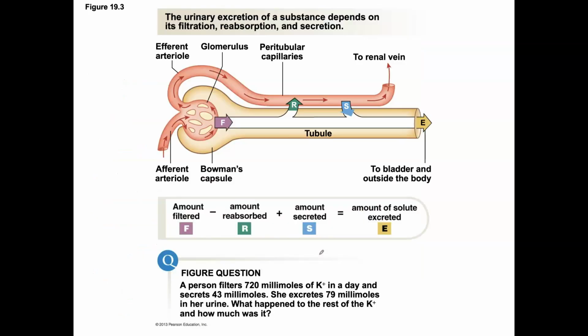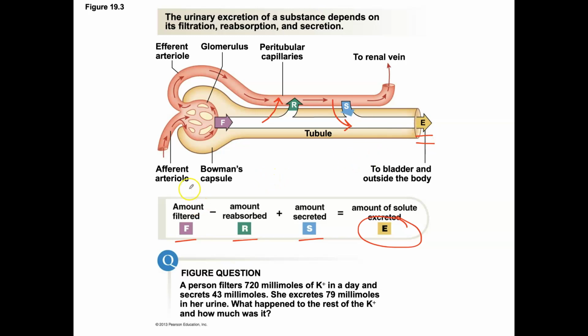Well, a simple way to look at that is filtration minus reabsorption plus secretion is going to determine what is excreted from the body. So we filter, we reabsorb back into the cardiovascular system, we secrete out of the cardiovascular system, and that's going to determine what is excreted from the body.